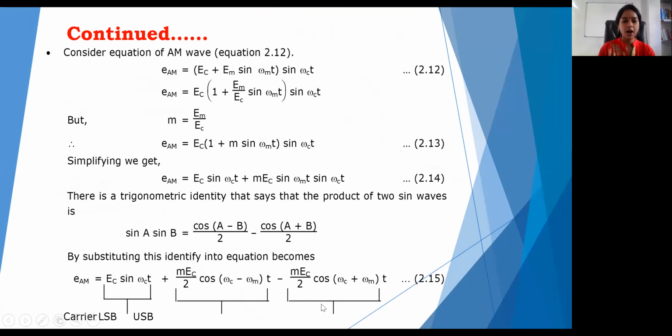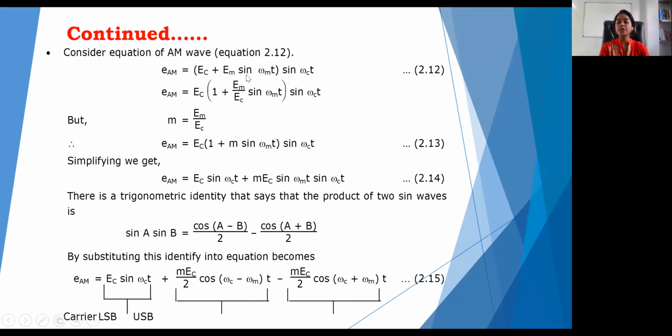Here the amplitude modulated signal equation will be E_AM equals (EC plus EM sine of omega mt) sine of omega ct. This is our first equation. Here we take EC common, then what remains in the bracket is 1 plus EM by EC sine of omega mt, times sine of omega ct.